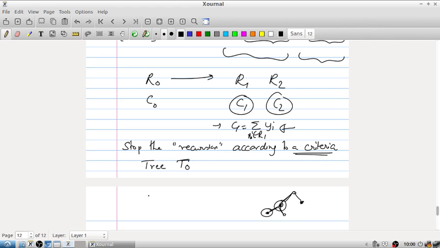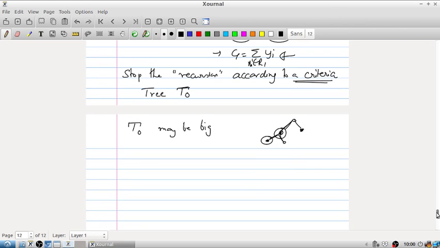Typically, this tree T naught that you derived using the iterative procedure that I described earlier may be big. So in these types of prediction models, tree-based methods including CART, they also try to do a post hoc pruning.